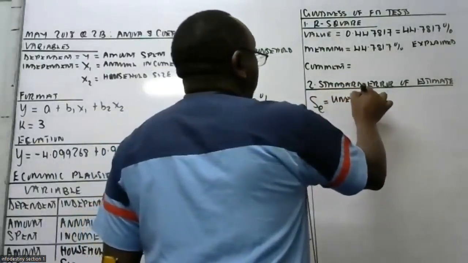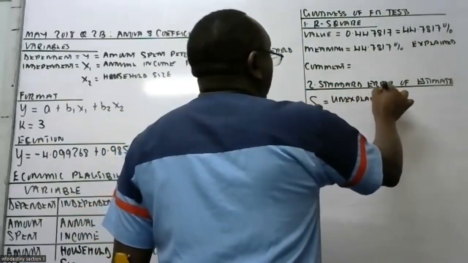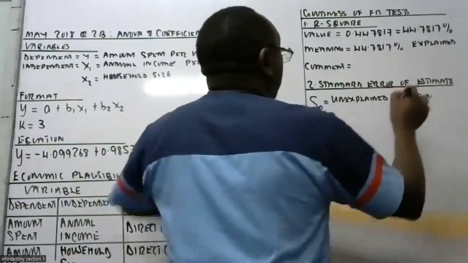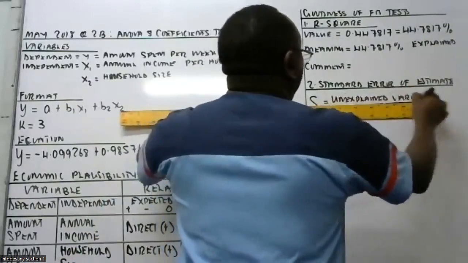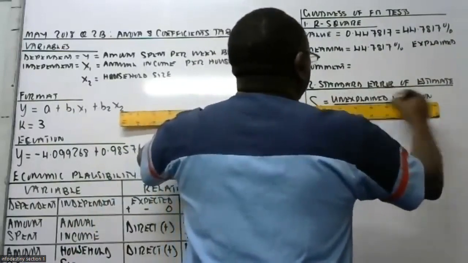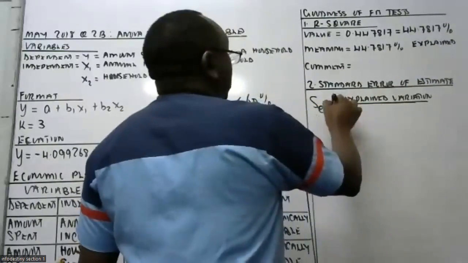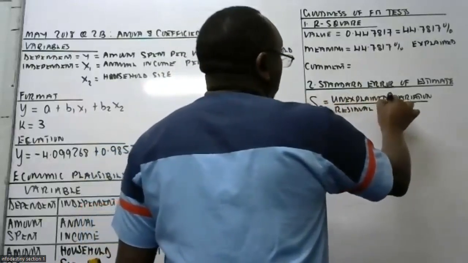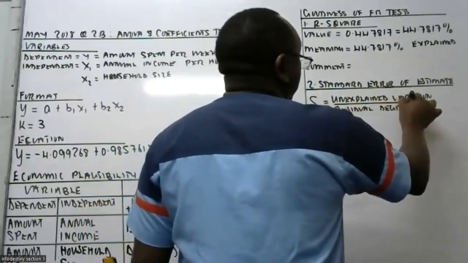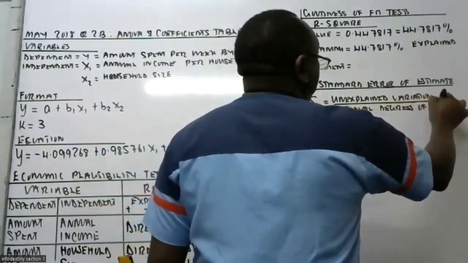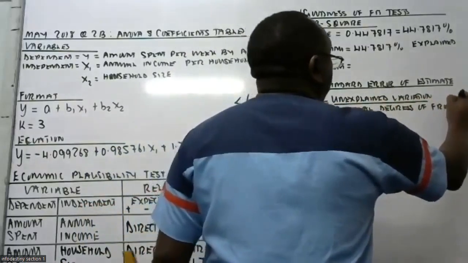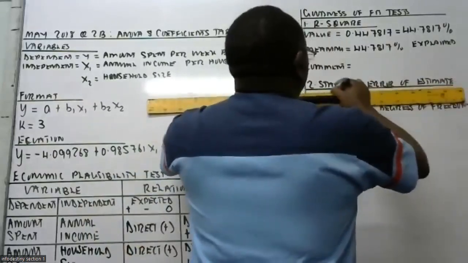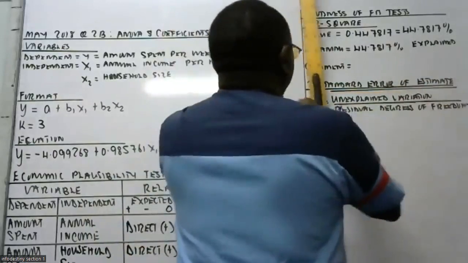You divide it by residual degrees of freedom, and then you get the square root.